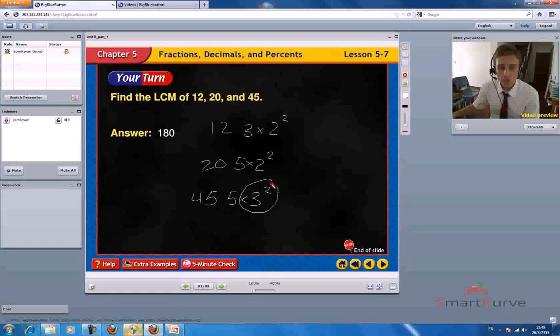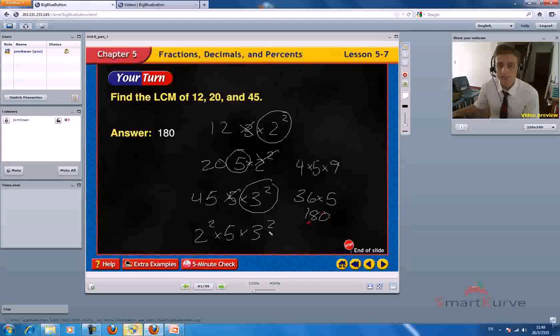So for 12, 20, and 45, 12 is 3 times 2 squared. 20 is 5 times 2 squared. 45 is 5 times 3 squared. Use the highest number.